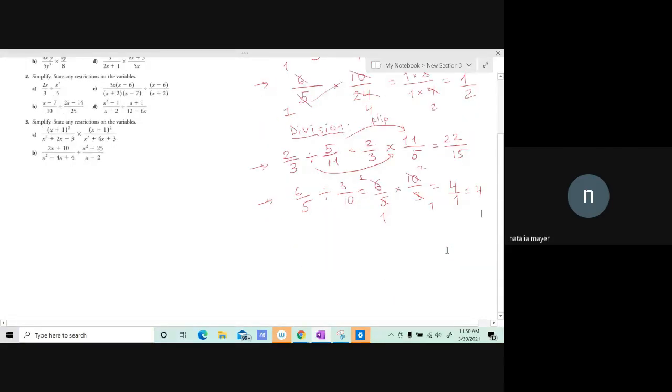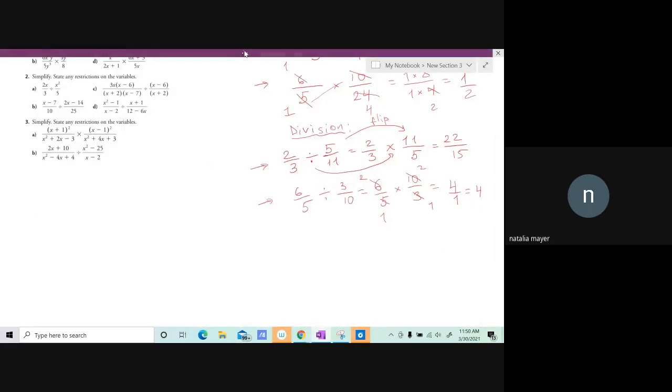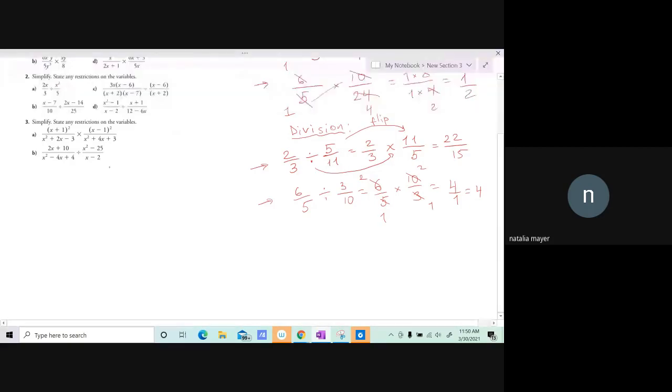So let's do 3A, as an example of how to work with rational expressions when you need to multiply them.